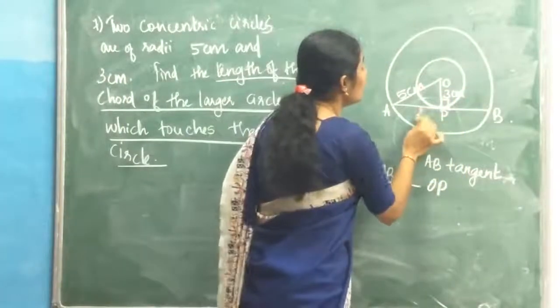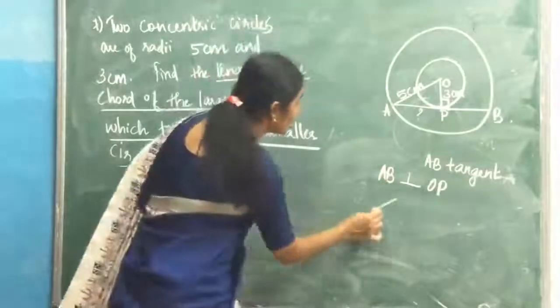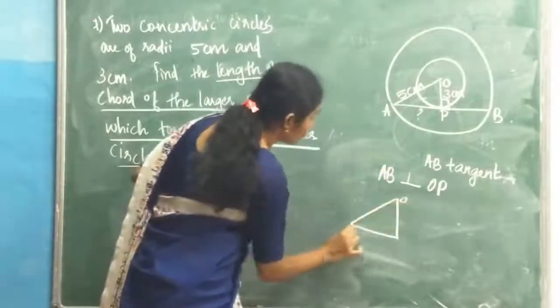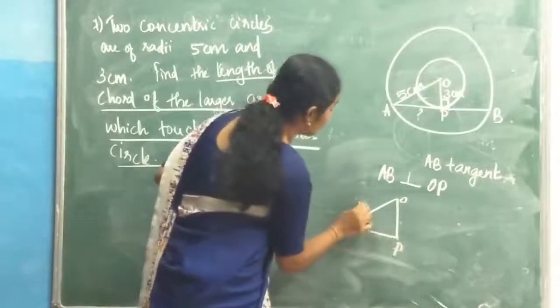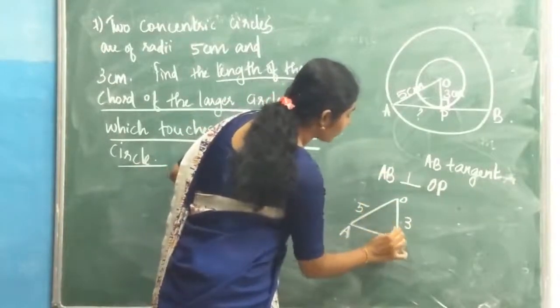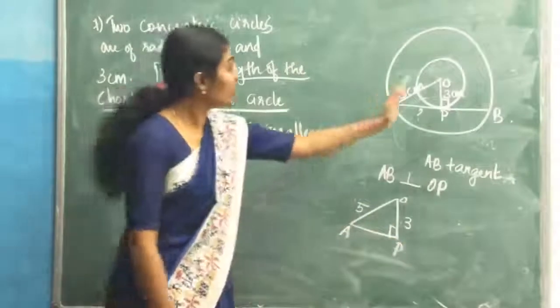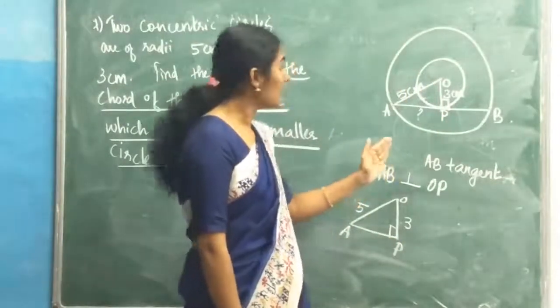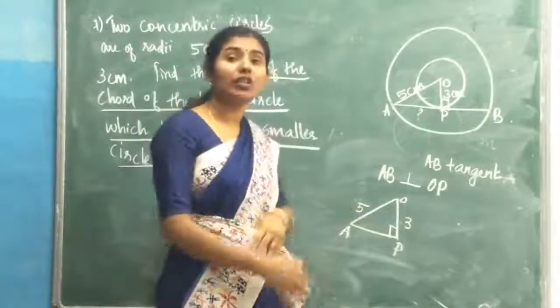So now how will you find AP? See this triangle. When you see this triangle, you will get that this is a right angle triangle. So what can you apply? You can apply Pythagoras theorem.